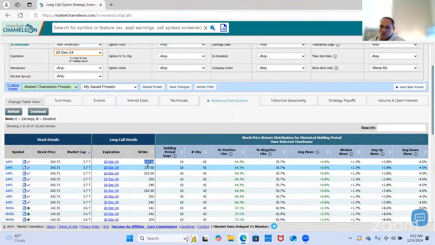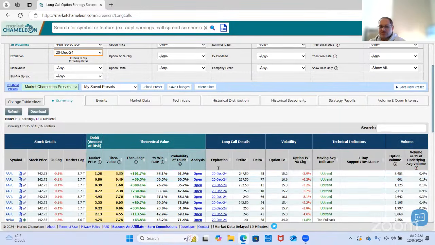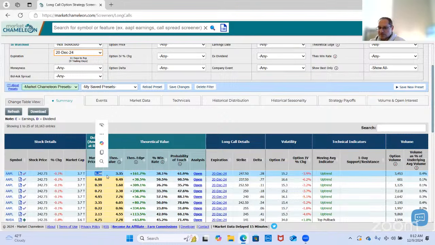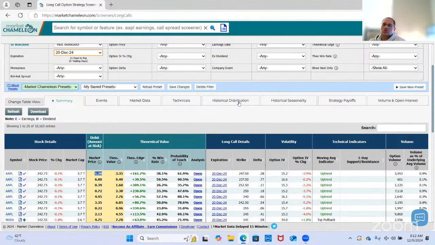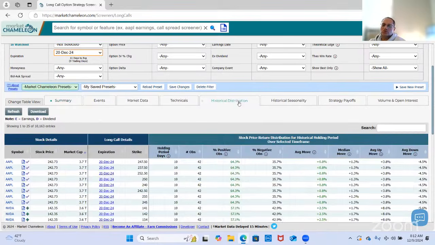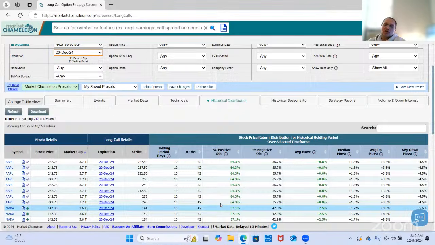And it also has to go above the 247.50 by $1.28 to cover the cost of that option.